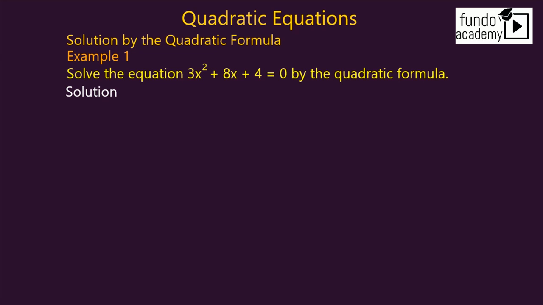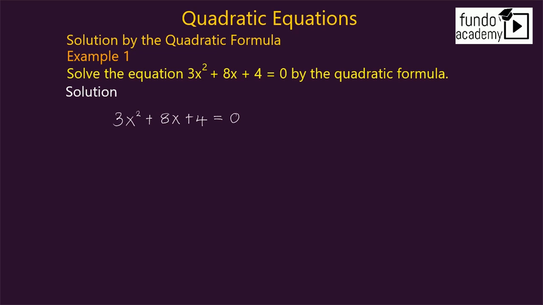Alright, let's write down our equation: 3x squared plus 8x plus 4 equal to 0. Now, in order for us to use the quadratic formula, we need to remember what it states.